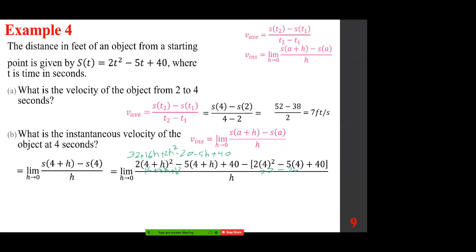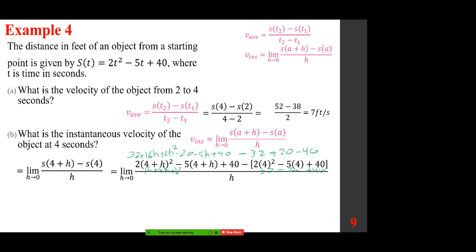So this becomes minus 32, plus 20, and then minus 40, which cancels out all those numbers.